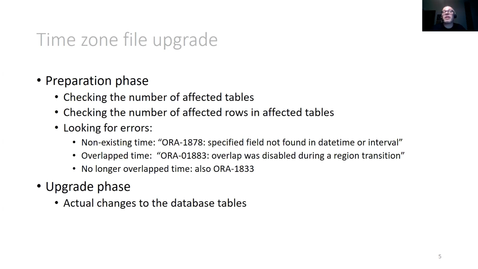And then the error 1883 is reported by the upgrade process unless it is explicitly ignored.